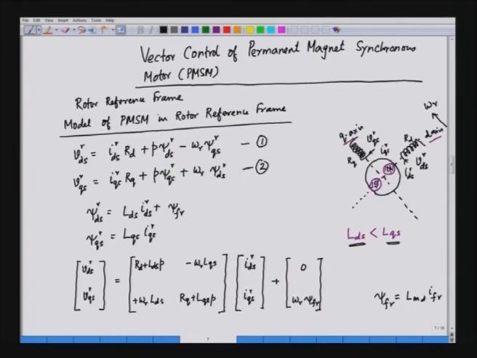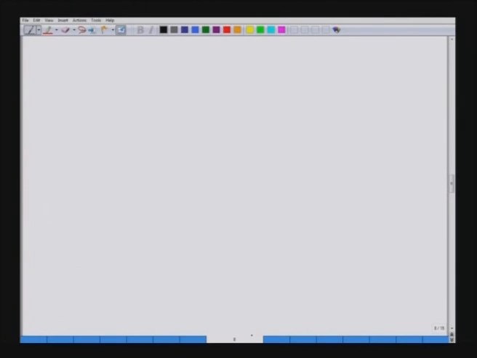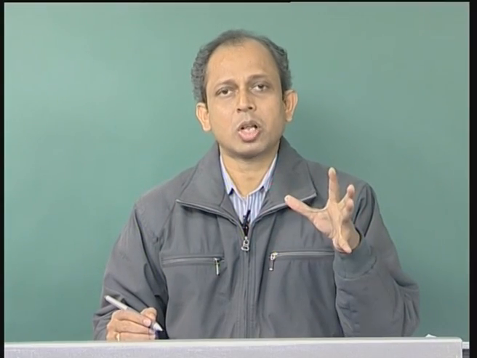Now, the next equation is the torque equation. The torque equation is given by this: T e, the torque, is equal to 3 by 2 into P by 2. If we remember the expression for the torque of a synchronous machine, PMSM is nothing but a synchronous machine.